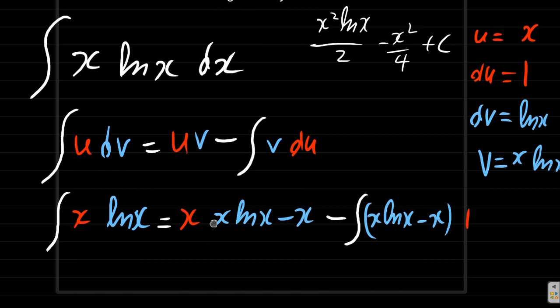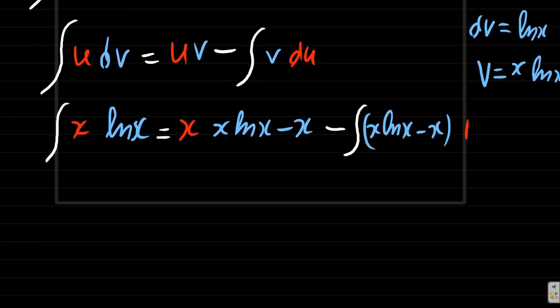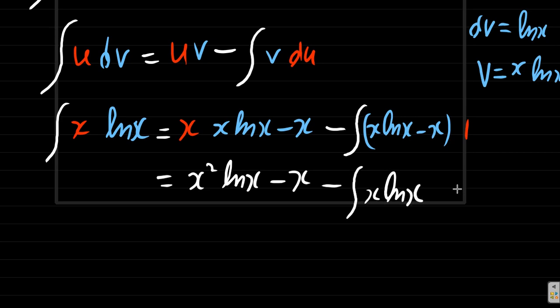Now, let's see how this goes. x times x, that's x squared. So we have x squared ln x minus x minus the integral of, in bracket, x ln x minus x. Let's open the bracket. That's the integral of x ln x.